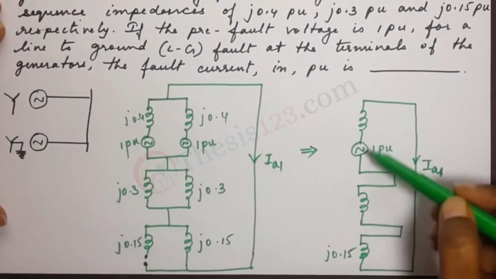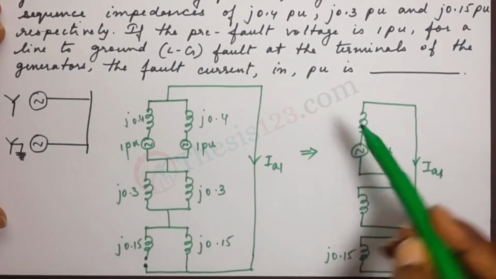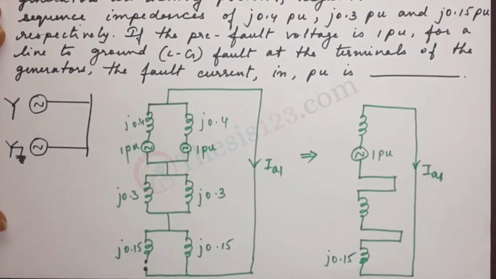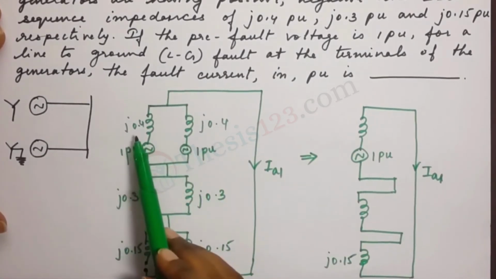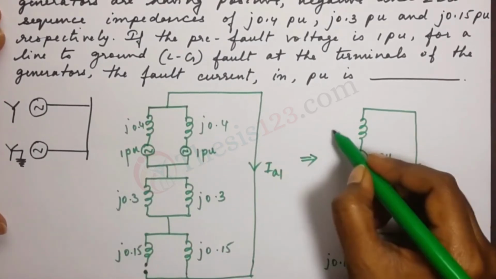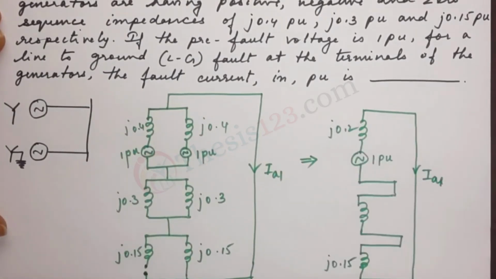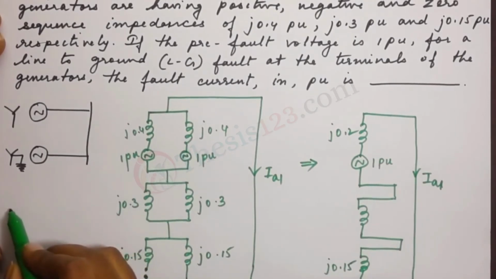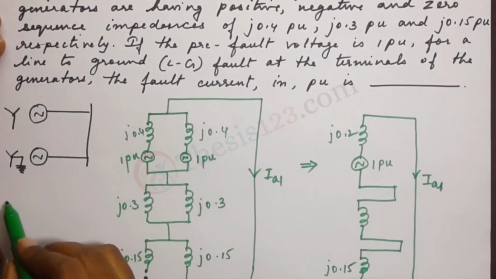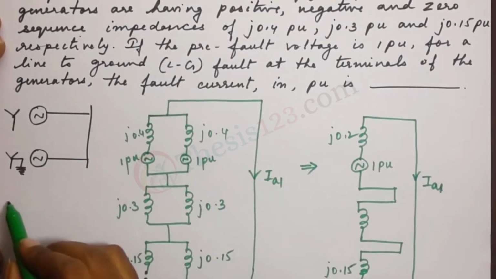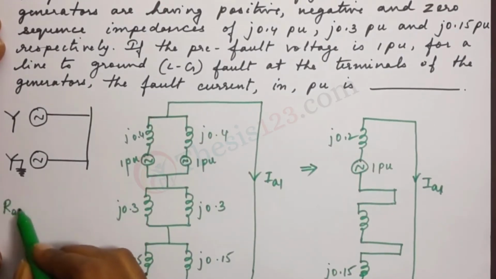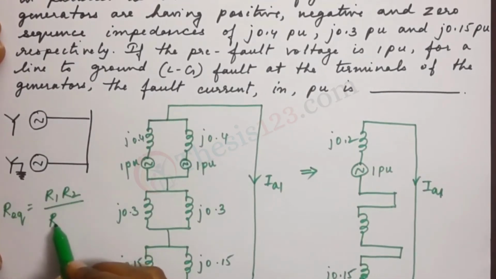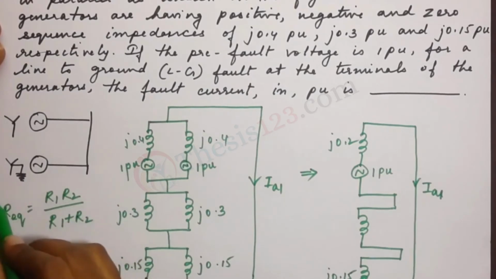Now let's calculate for both these impedances. Here these two are in parallel connection. So 0.4 and 0.4 in parallel will give us j0.2. You know how to calculate the parallel combination of any resistance, right? R equivalent is equal to R1 R2 divided by R1 plus R2.